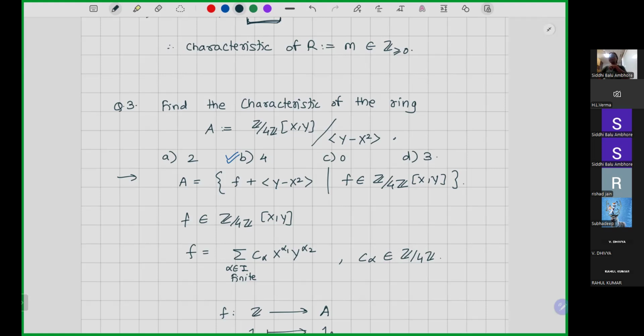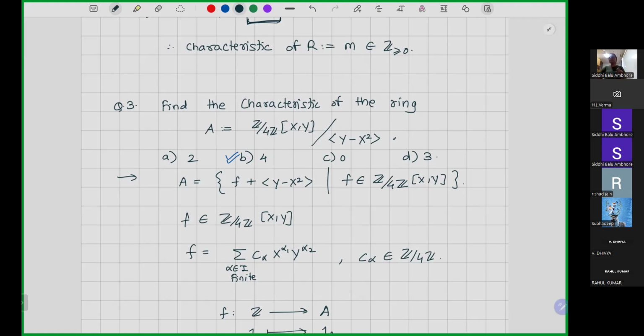No, I don't think it is isomorphic to that. I need to check that, and I don't know at this moment. Maybe I will write that in the discussion forum if you want.